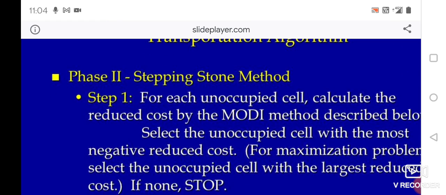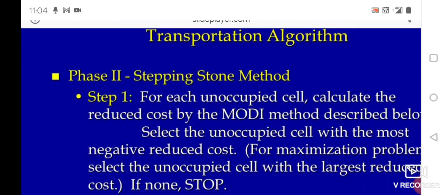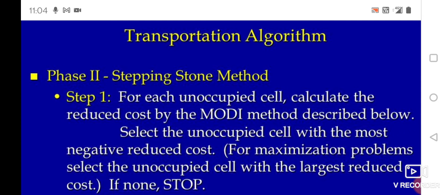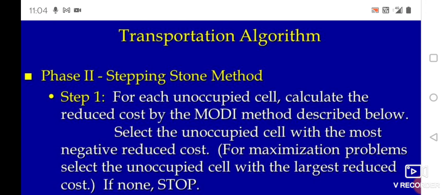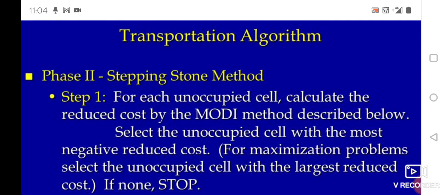Next, phase 2, transportation algorithm. Phase 2 is the stepping stone method. First step, for each unoccupied cell, calculate the reduced cost by the modified method described below.